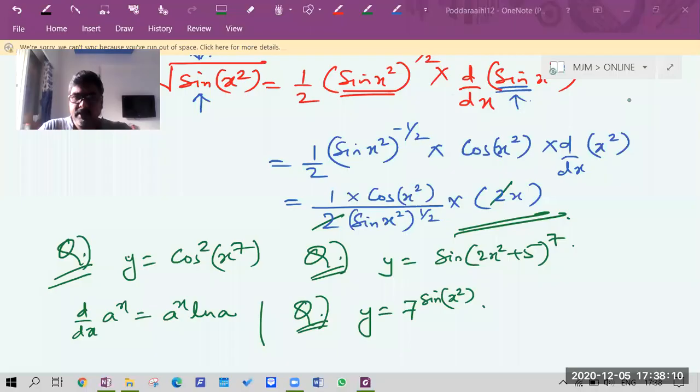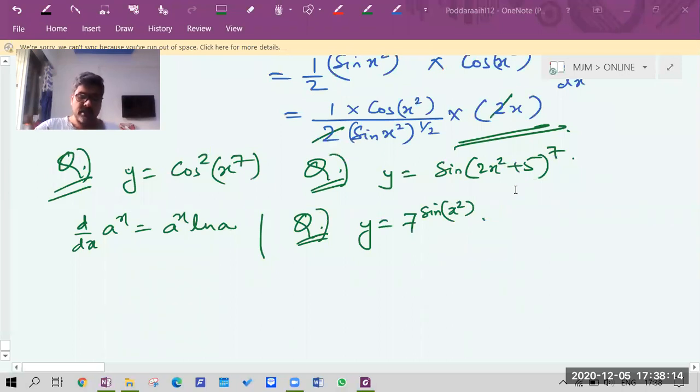Okay. Going for the next question, we have (cos x raised to 7) the whole square. You could just check your answer; I'll explain the things in detail. Let's call this number 1.